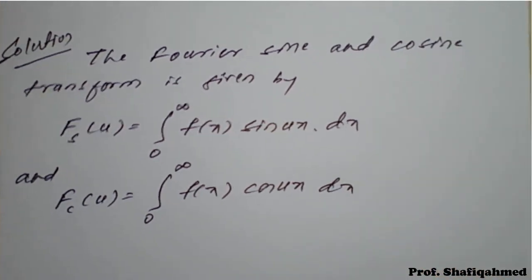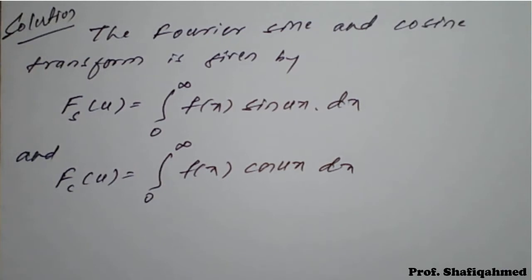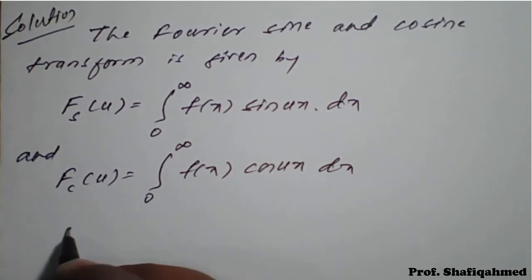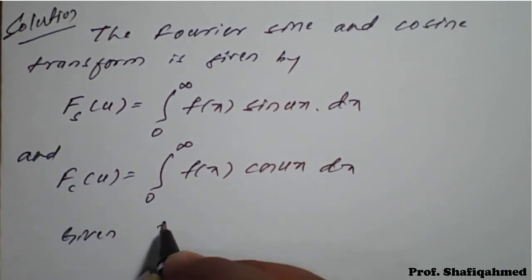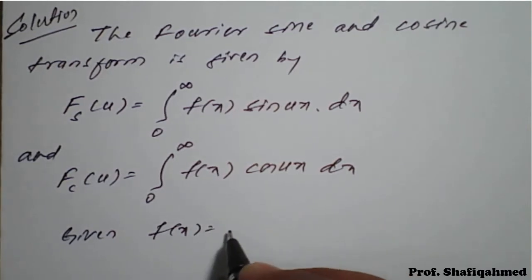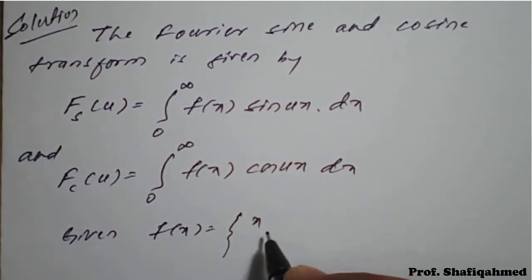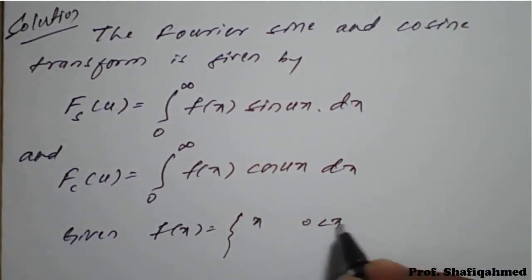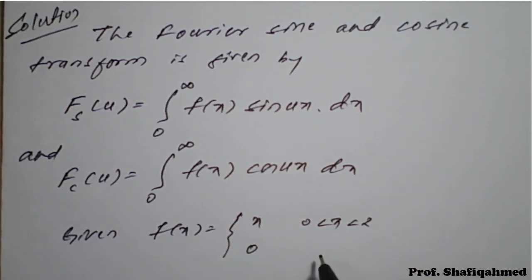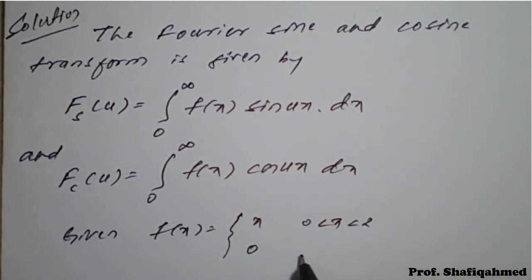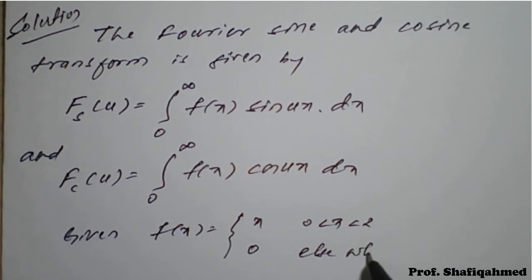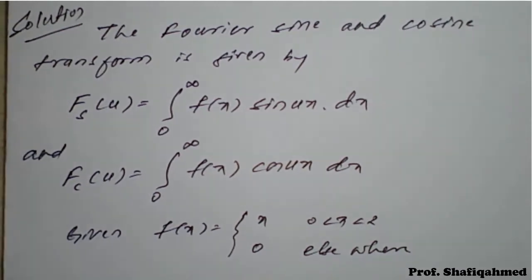So we know both the transforms, and the function f of x given in the question is x where x is greater than 0 less than 2, and 0 elsewhere. We need to apply this function one by one in the Fourier sine transform as well as the Fourier cosine transform.